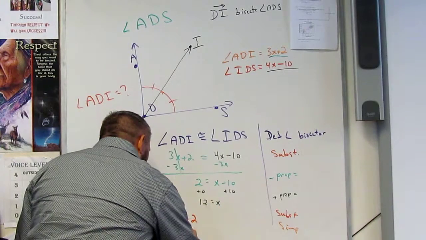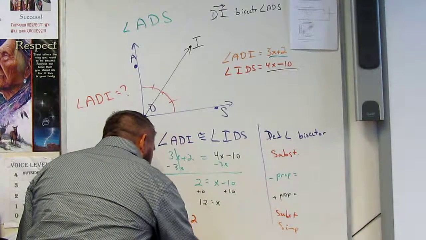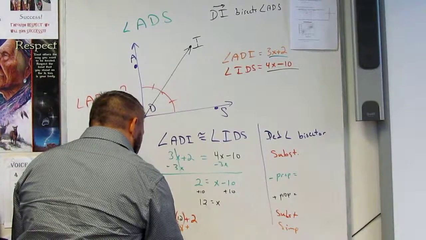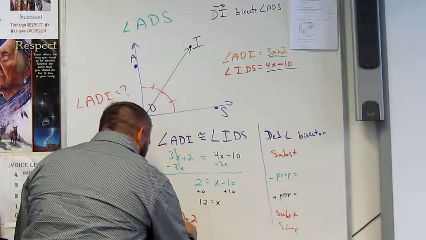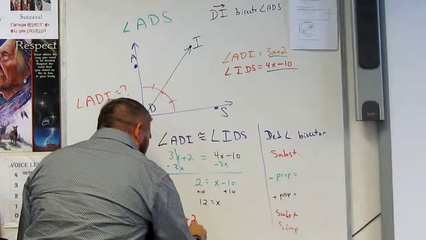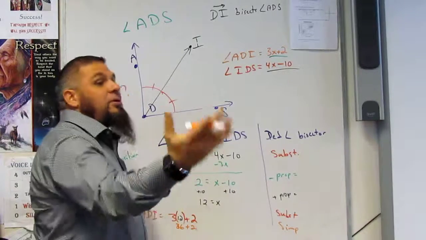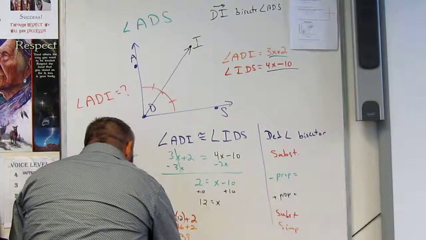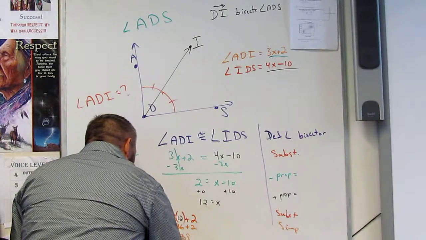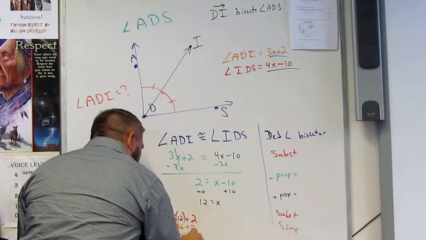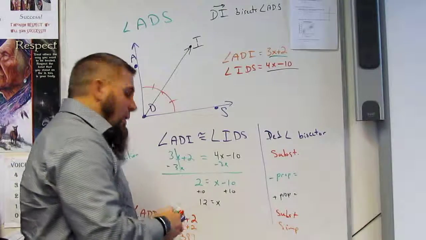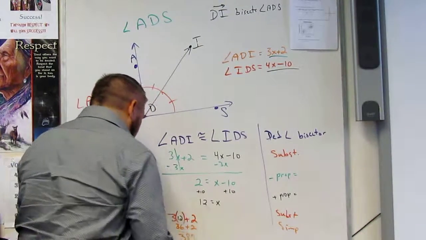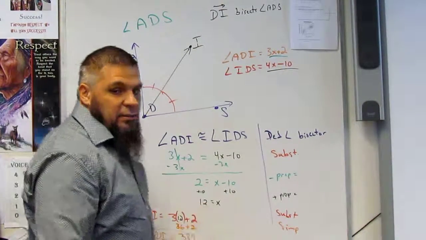Or is it 48? No, 36, isn't it? Yeah, 36. There we go. 36 plus 2 is 38. Okay? So I just said angle ADI is equal to 38 degrees. And that's it. And that's how you do that.